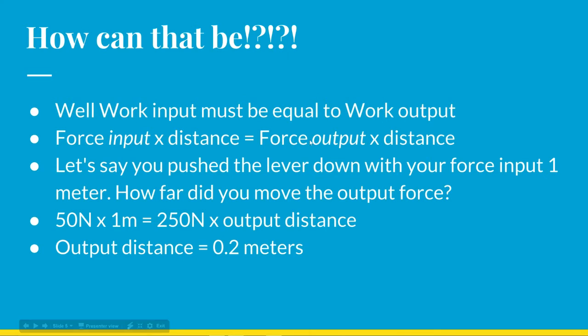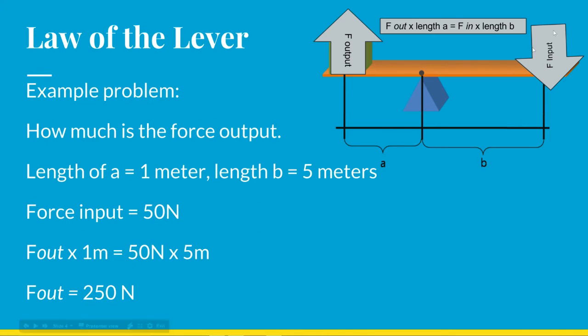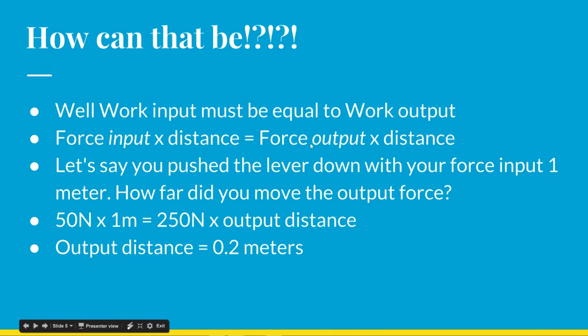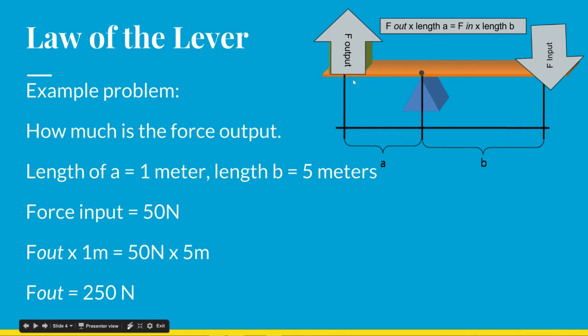So think about this. The force input times the distance that you push down, so the distance that you move, must be equal to the force output times the distance that you move this up.